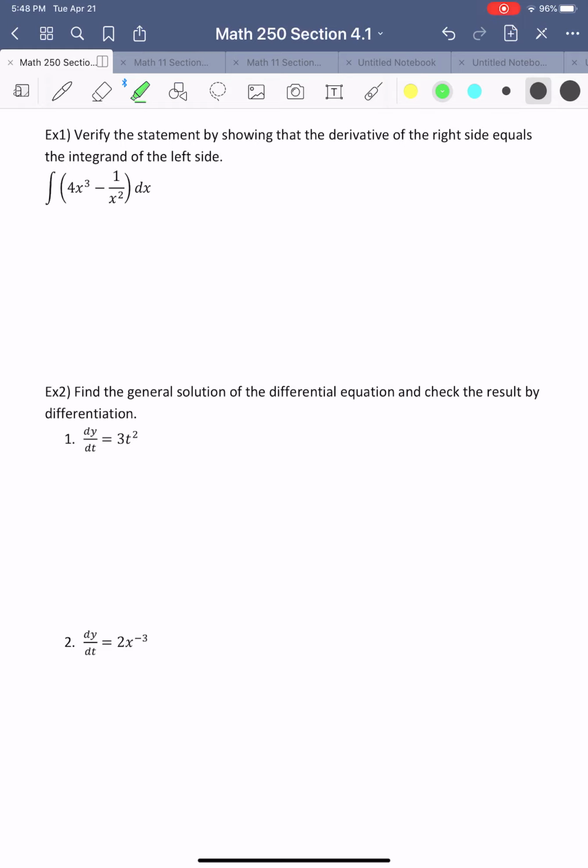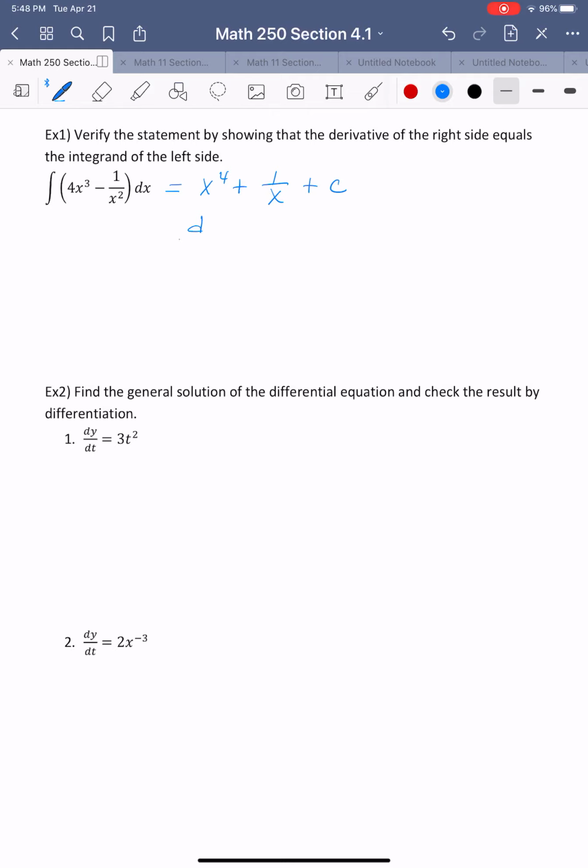So I want to say this is equal to x to the 4 plus 1 over x plus c. In order to check, we need to take the derivative of the right side.